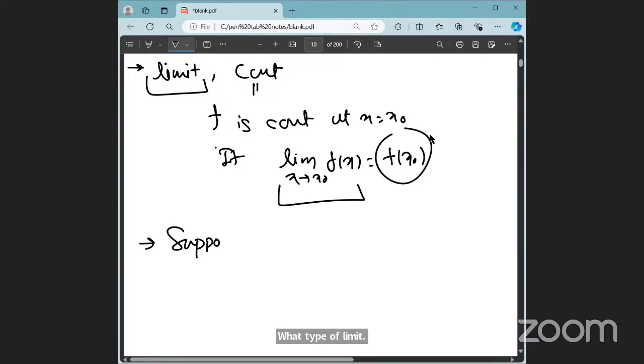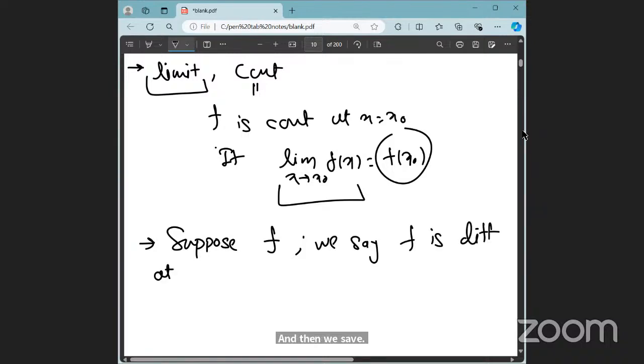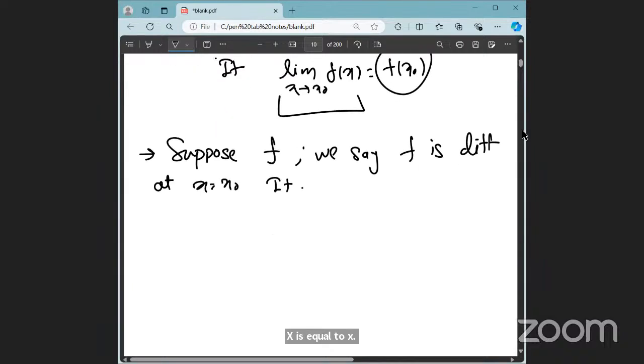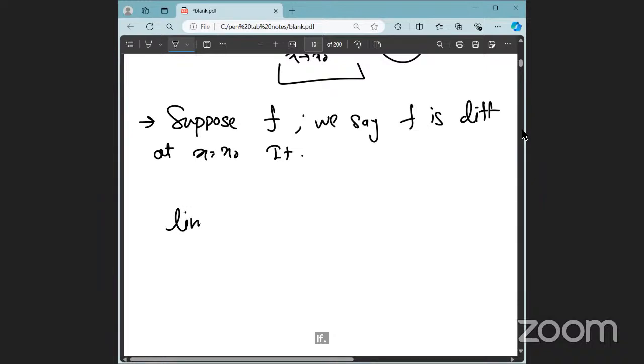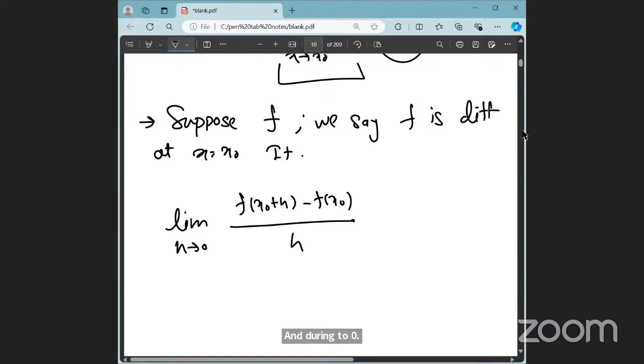Suppose you have a function f, and we say f is differentiable at x equals x naught if the limit as h goes to 0 of f of x naught plus h minus f of x naught by h exists, right?